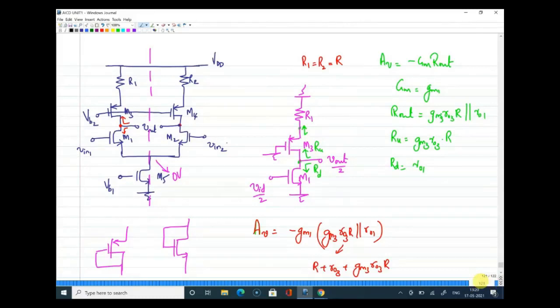If your question is whether you can approximate this or have to take the exact expression, that will definitely depend on the value of R1. The range will be in kilo ohms, and the exact value always depends on the gain or the other parameters you are looking for in the differential amplifier. You can think of some kilo ohm range resistance.